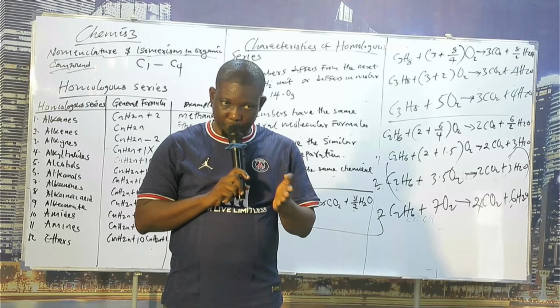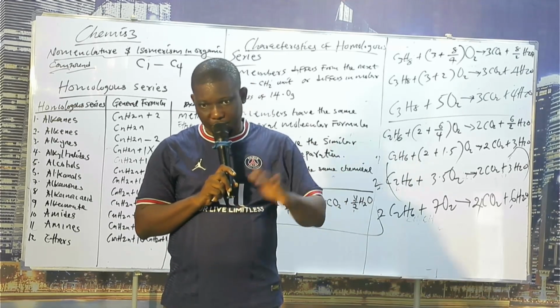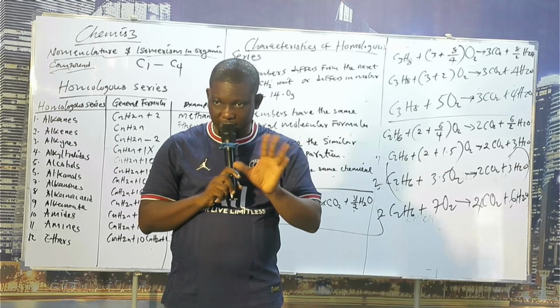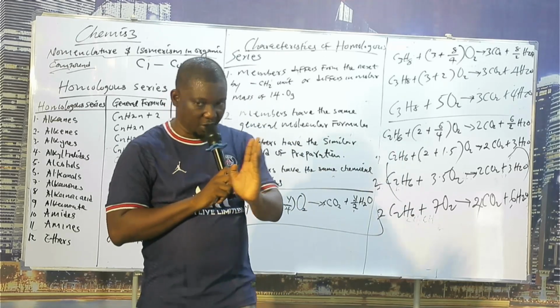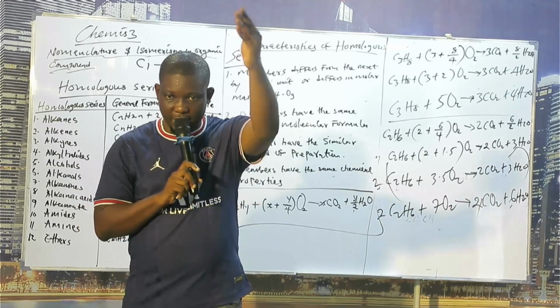So in all of this we say members have similar things. The one that is not similar here is physical state. You cannot watch the first 10 members of alkane, from methane to decane, and say they are the same physical state.